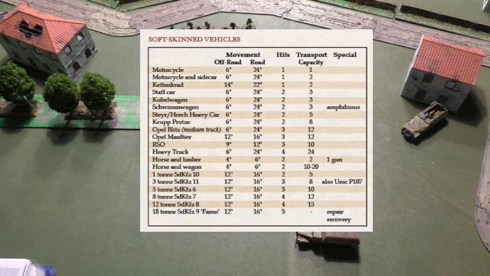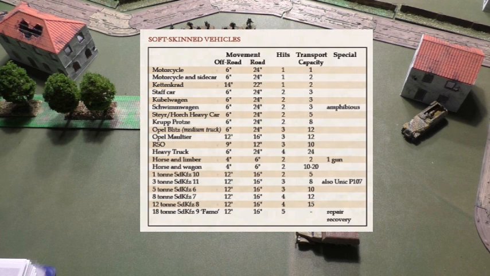For this example here, we have the soft skin movement table for the German. Also, the American have a soft skin table for their vehicles because they are different vehicles. British have their own, and USSR as well have their own for soft skin. When we talk about soft skin, it's anything that cannot defend itself, basically.